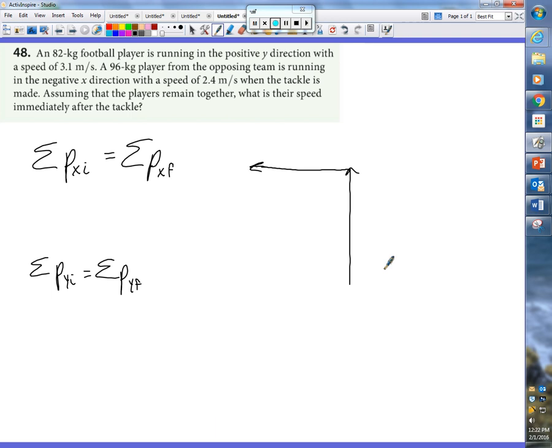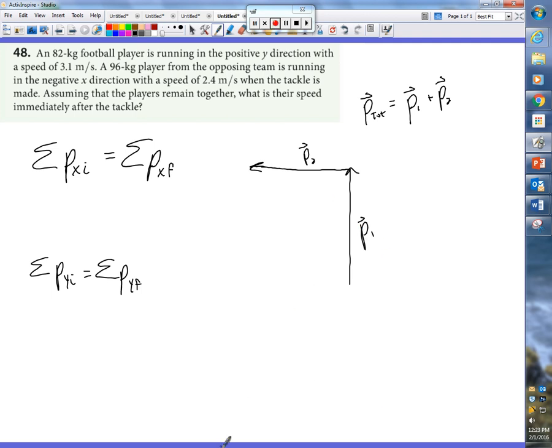Okay? So let's just call this P1, and let's call this P2. Now the total momentum, P total, is going to equal the sum of P1 and P2. And you can use whatever notation you want there. But again, that's the vector sum, not the mathematical sum, the vector sum of P1 and P2.